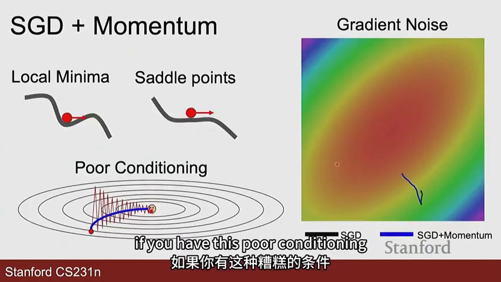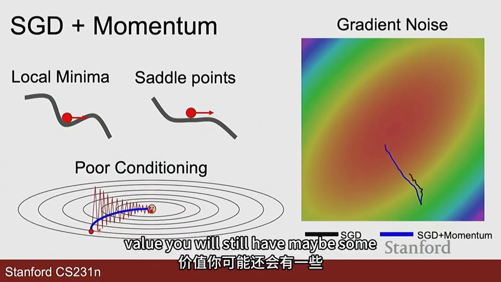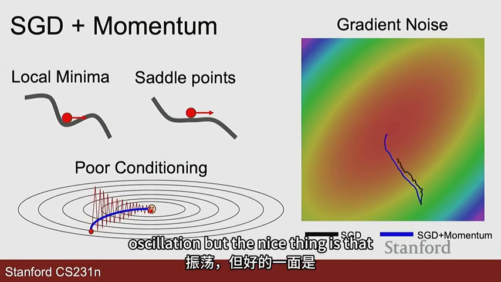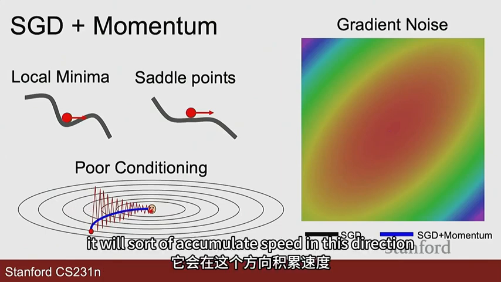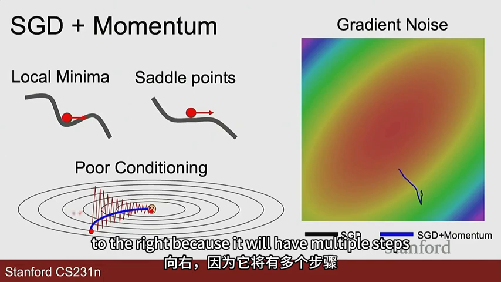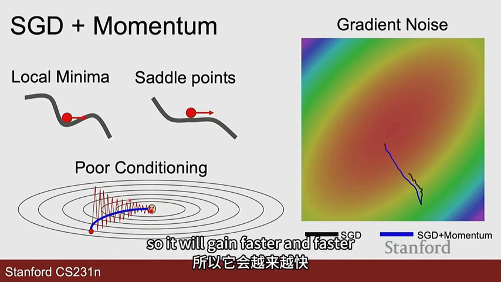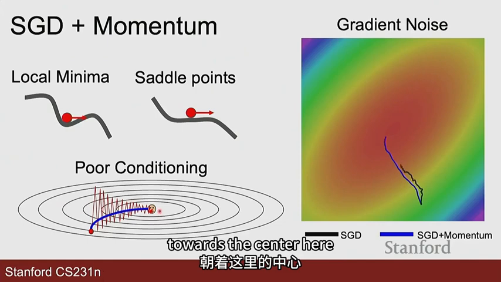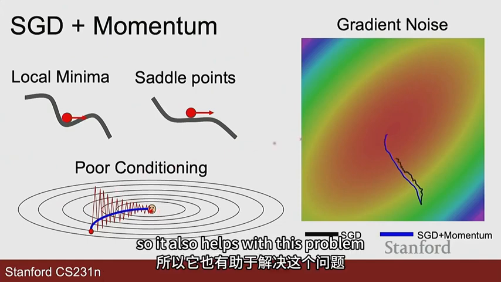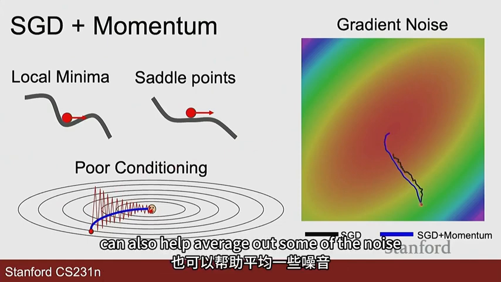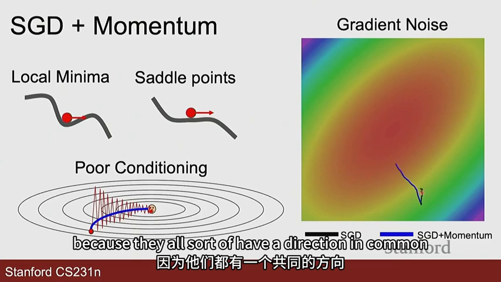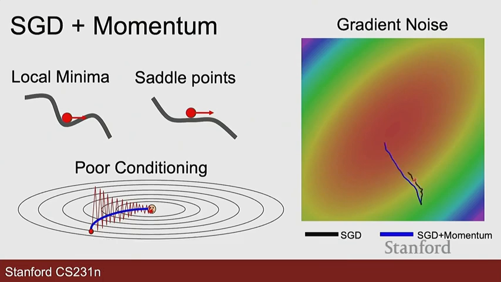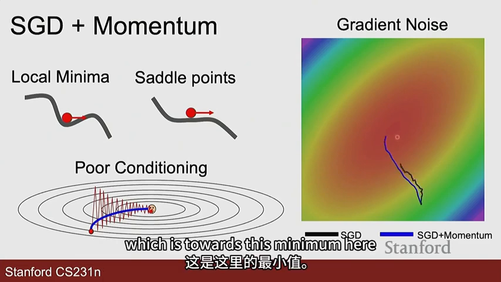Also, if you have this poor conditioning value, you will still have maybe some oscillation, but the nice thing is that it will accumulate speed in this direction to the right, because it will have multiple steps that keep going that way, so it'll gain faster and faster towards the center here. So it also helps with this problem. Finally, it can also help average out some of the noise with the gradients, because they all have a direction in common, which is towards this minimum here.